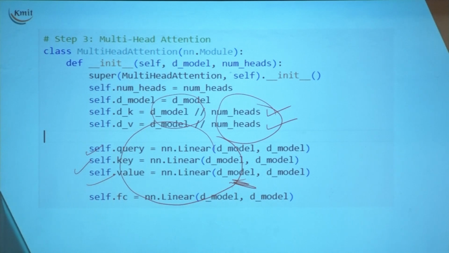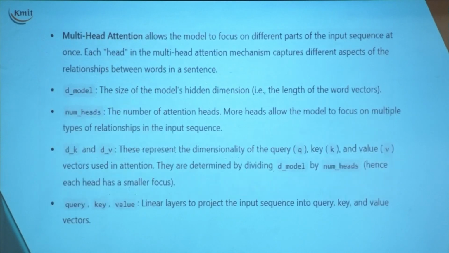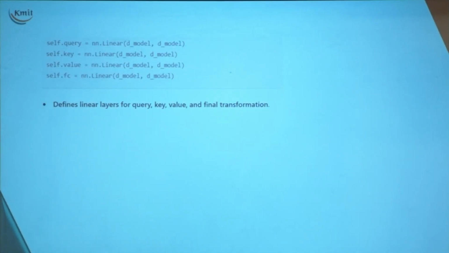This QKV also should be a matrix, matching the dimension vector. So self.query, self.key, self.value with respect to which module? The nn.Linear module. With this I implement MHA. What is MHA? Multi-head attention.